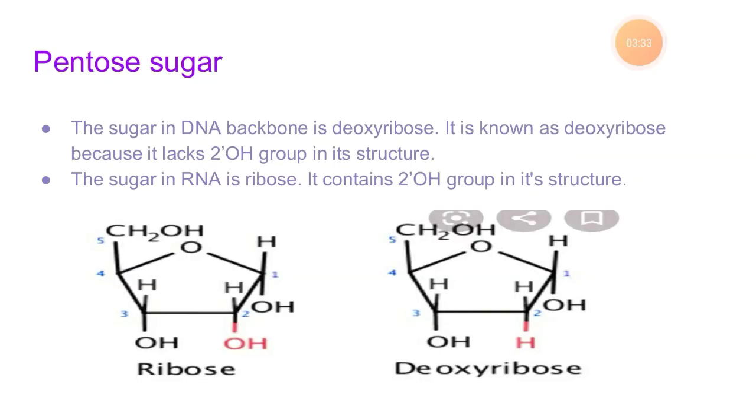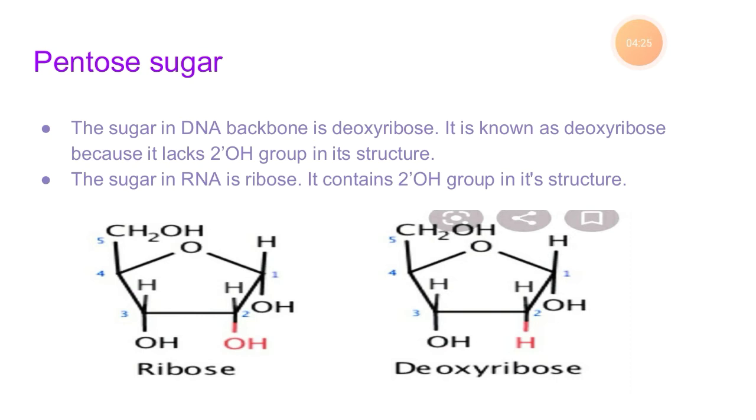Now, what is a pentose sugar? The sugar in a DNA backbone is deoxyribose, while the sugar in an RNA molecule is a ribose sugar. Basically, there is a single difference between these sugars, which is the presence of a hydroxyl group. Ribose consists of a hydroxyl group at the 2' end, and there is no hydroxyl group in deoxyribose sugar.